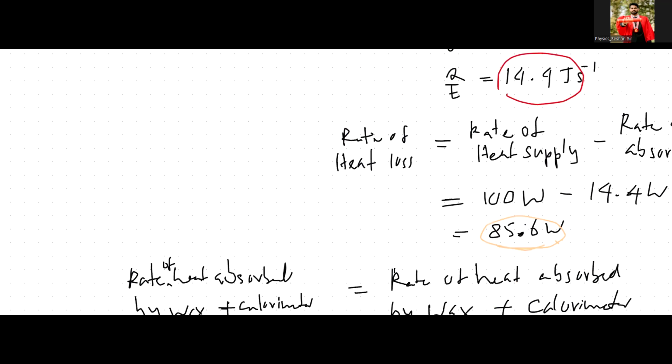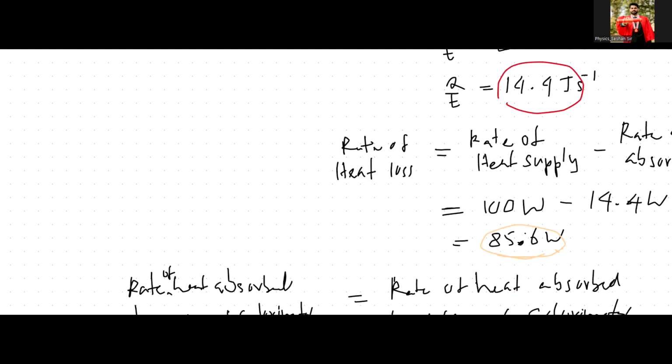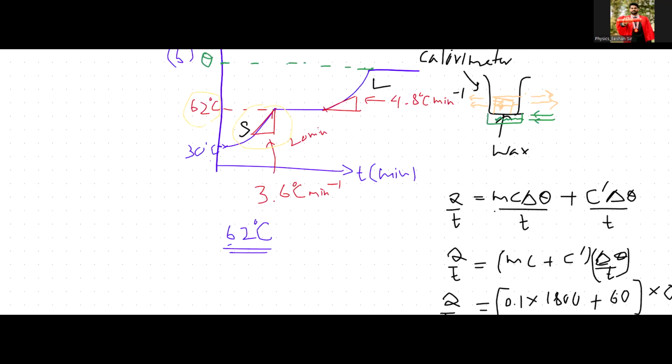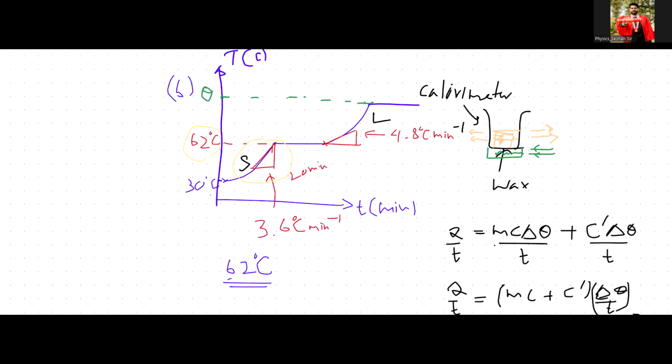85.6. So I can write one equation for when it is just at 62 Celsius. I think I can consider it as 62, just before the melting.